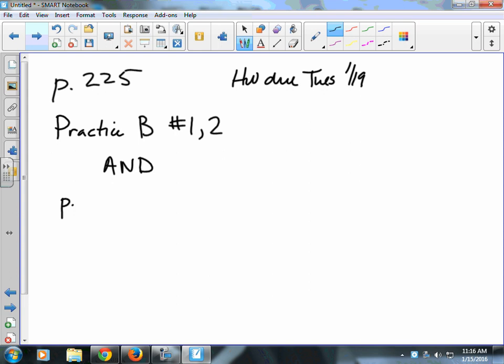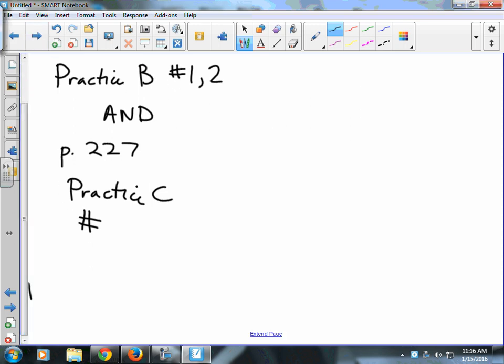and page 227, practice C, 1 and 2. However, and I'm gonna write in red what I need you to text to Destiny, okay? What does omit mean? Don't. Yeah, leave it out.